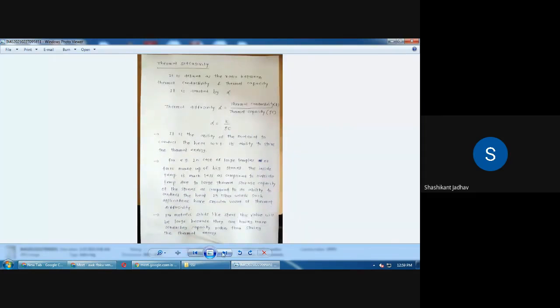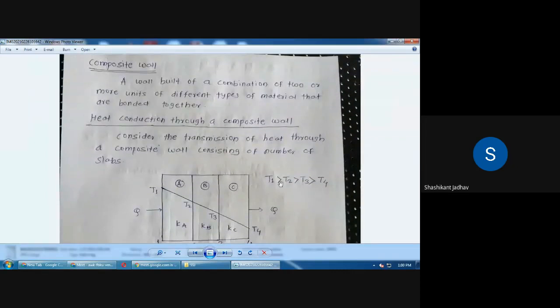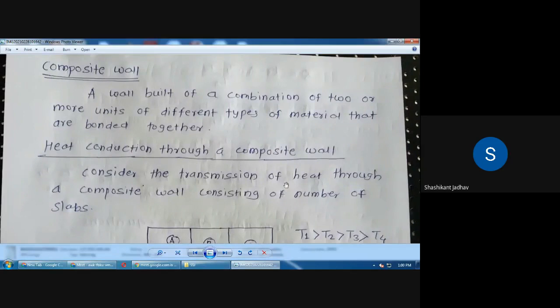Then next point, write down heat conduction through the composite wall. Write down composite wall. Okay, in the last lecture we gave the heading heat transfer through the plane and composite wall.